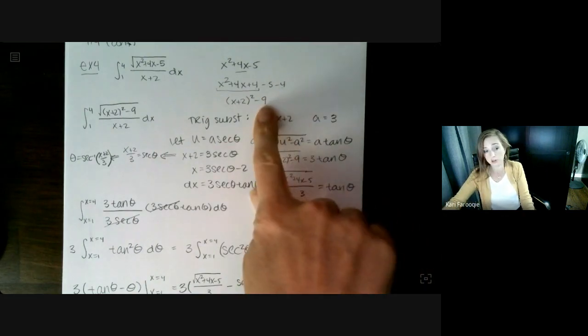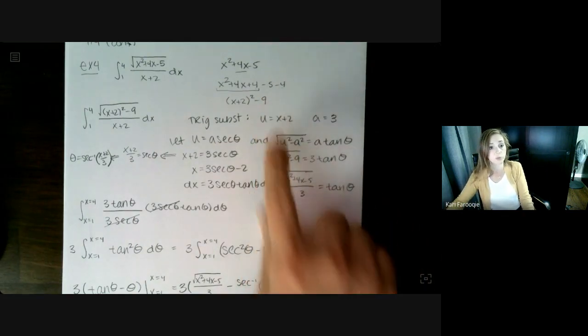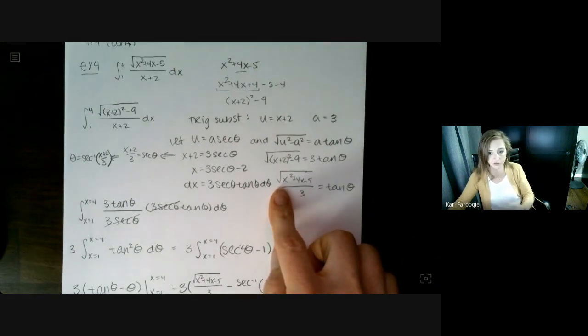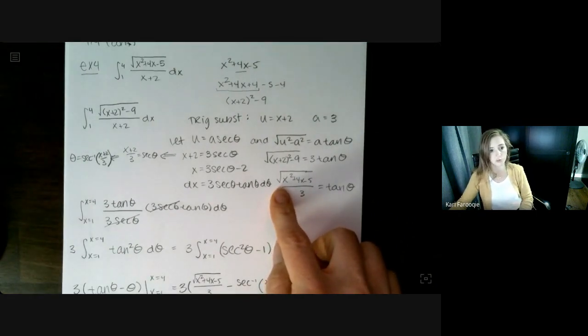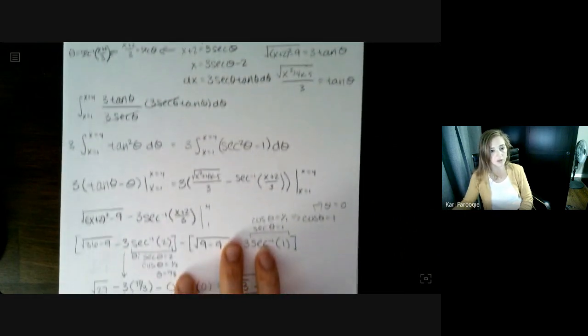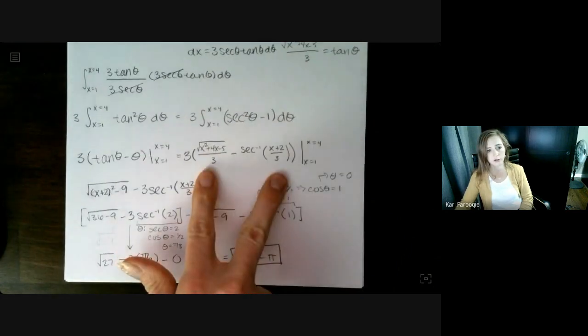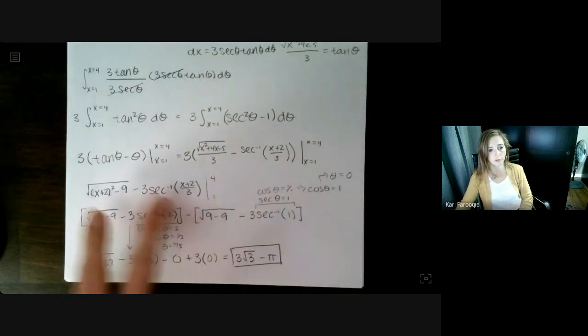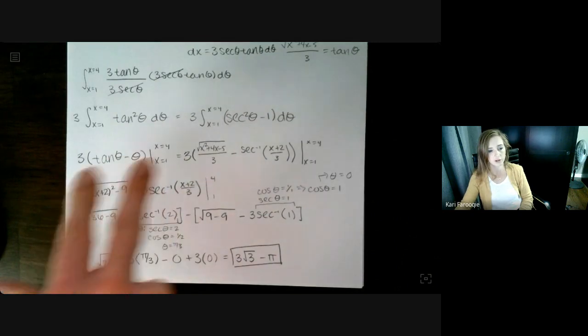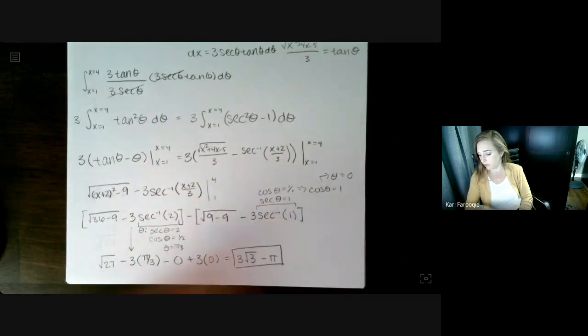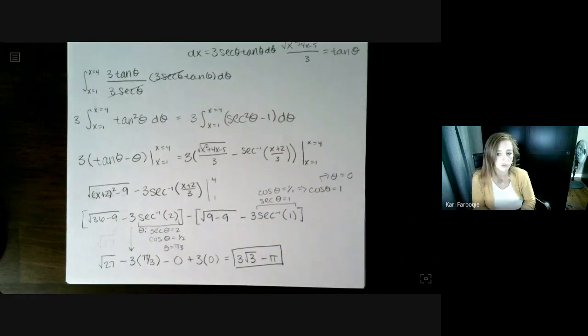So we turned it into u squared minus a squared, and then we set up a trig substitution using the values that correspond with the square root of u squared minus a squared. Then we subbed it out, integrated, back substituted for x, and then we went back and got these definitions to back substitute for x, and then we evaluated at the original x limits.